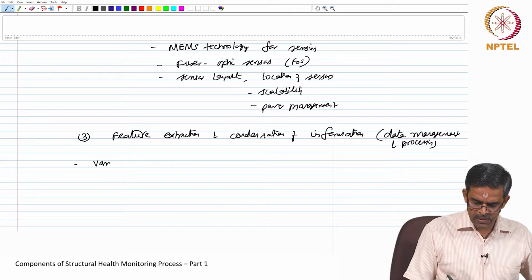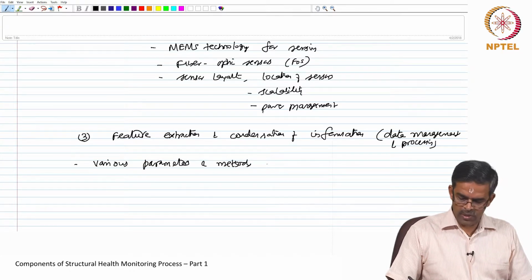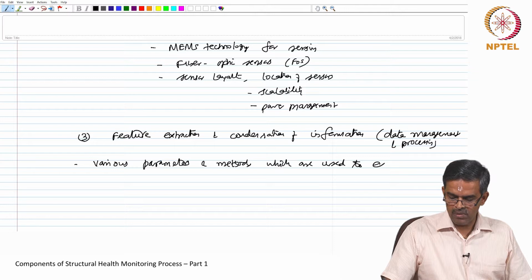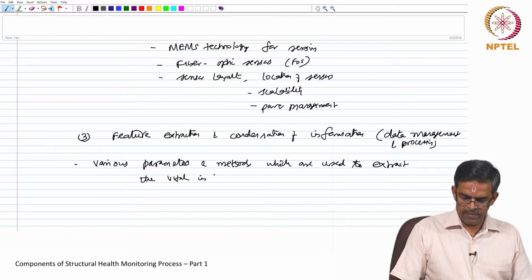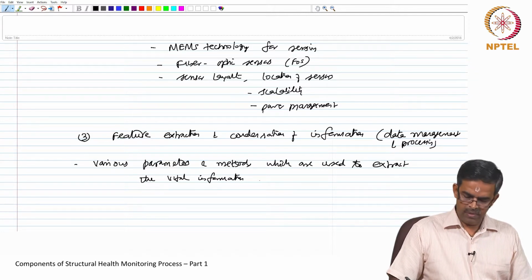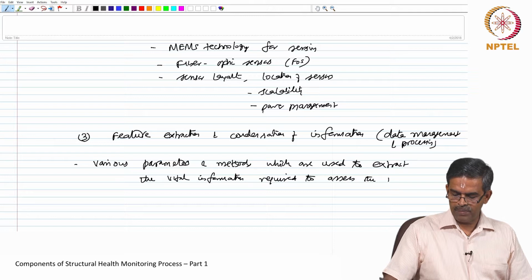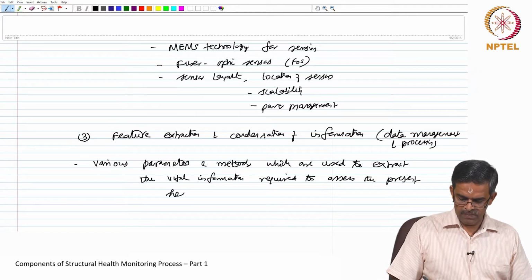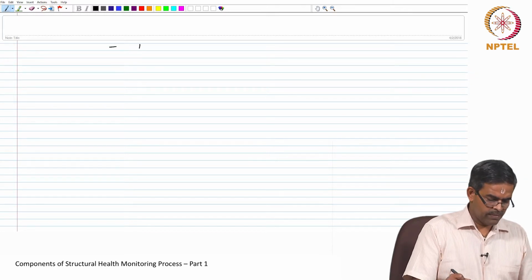There are various parameters and methods which are used to extract information, I should say the vital information which are required to assess the present health of the structure. A few of them are listed here.